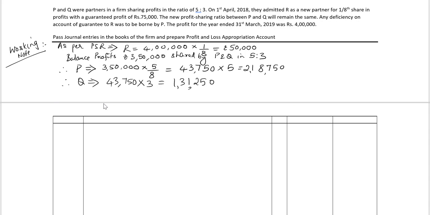The guaranteed profits to be given to R as per the problem is rupees 75,000. As per the profit sharing ratio, he gets only rupees 50,000. So the deficiency is equal to rupees 75,000 minus rupees 50,000, which is equal to rupees 25,000.